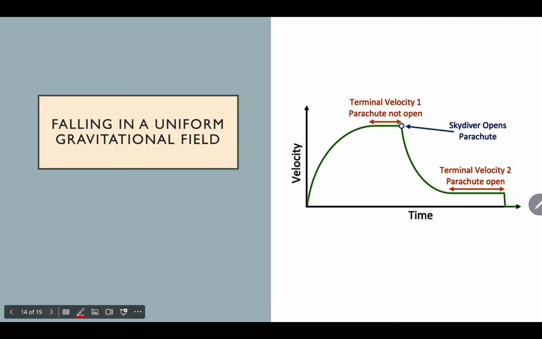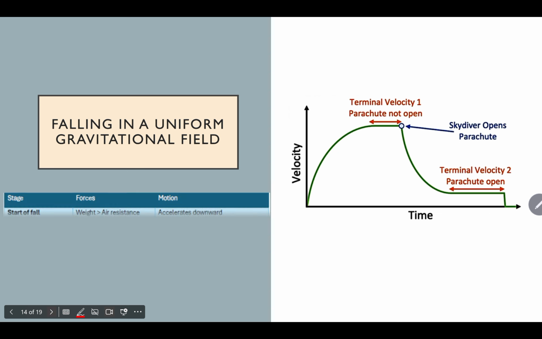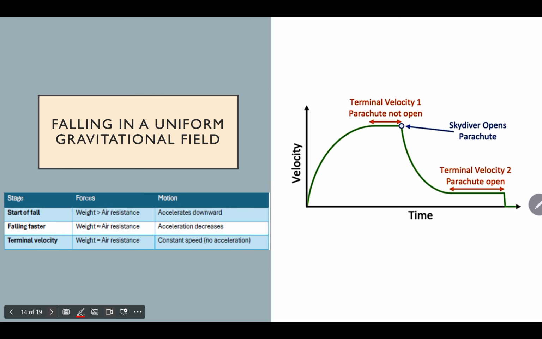Next, let's talk about falling in a uniform gravitational field. At the start of a fall, like we said, air resistance is very, very little and the weight is much, much higher. So the object or the person accelerates as they're going down.